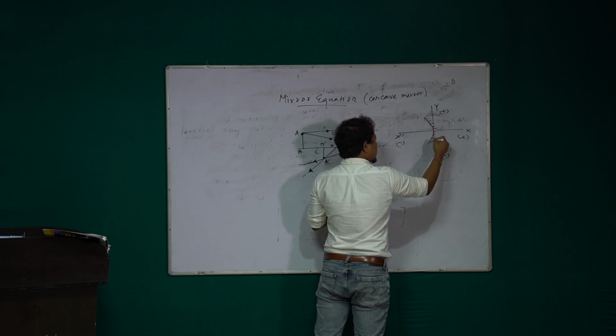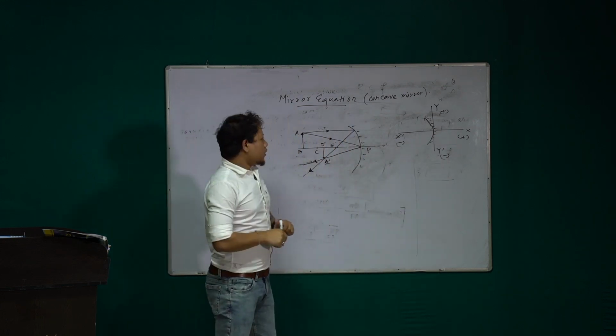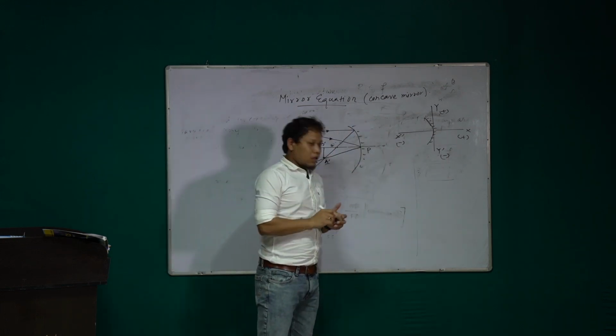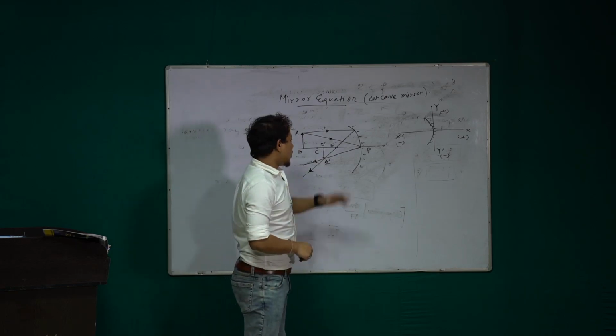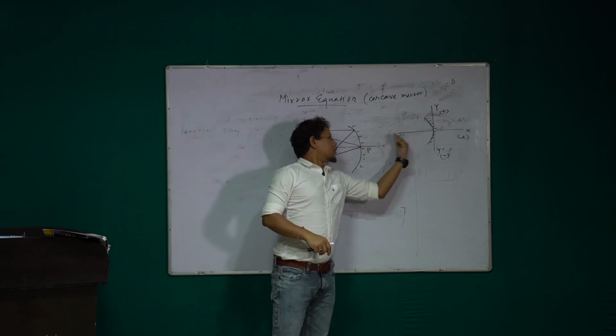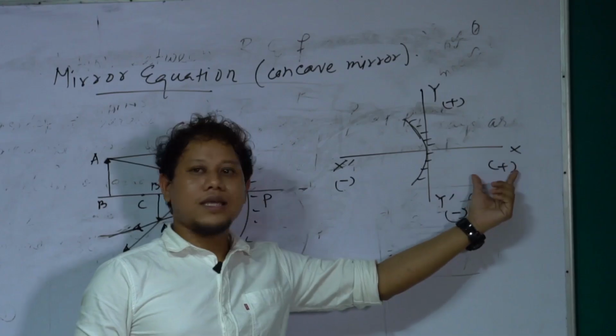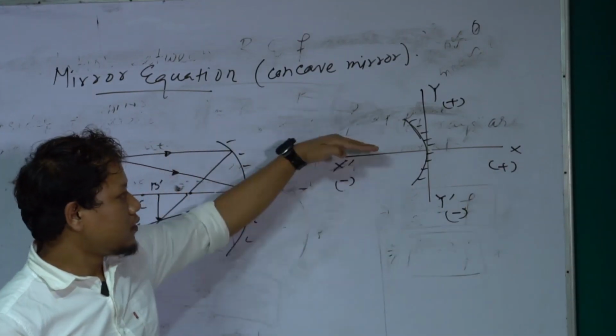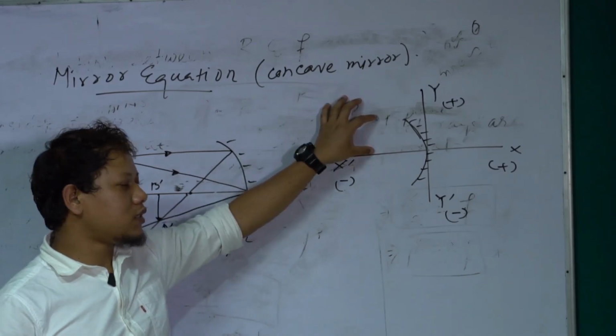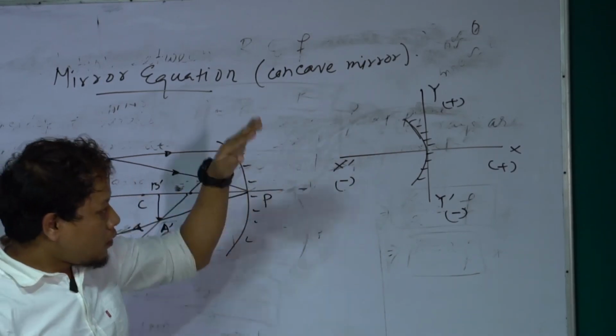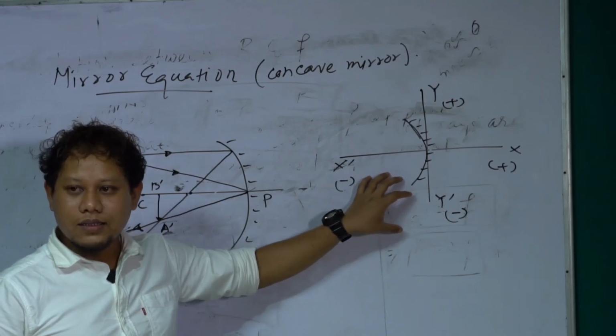In your mind, you always place the mirror at the origin of the Cartesian coordinate system. So all the distances to this side will be taken as negative, and all the distances to this side will be taken as positive, and all the distances above the x-axis will be taken as positive, and all the distances below the x-axis will be taken as negative.